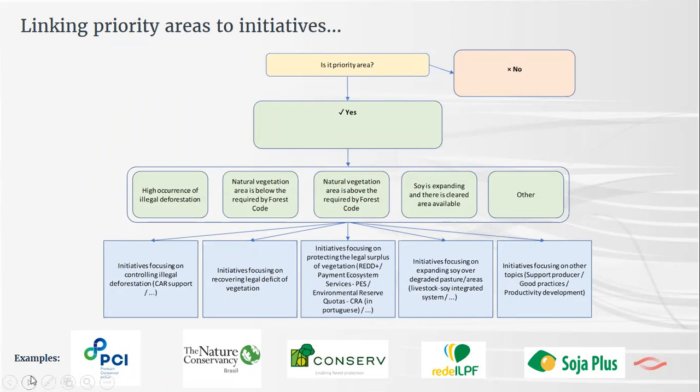In instances where municipalities were identified as having higher levels of forested areas than those mandated by the Forest Code, we identified that those were at risk of further deforestation on a legal basis, and therefore we started to identify initiatives focusing on protecting legal surpluses of forests. We identified initially several candidate initiatives that were discussed in the coalition as potential opportunities for support. Next slide.